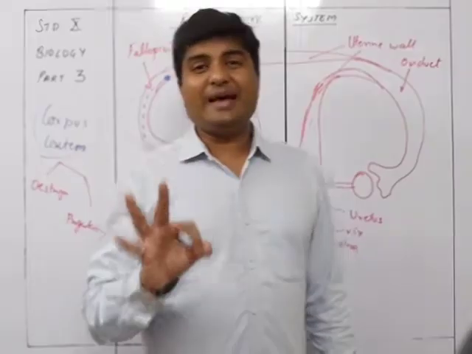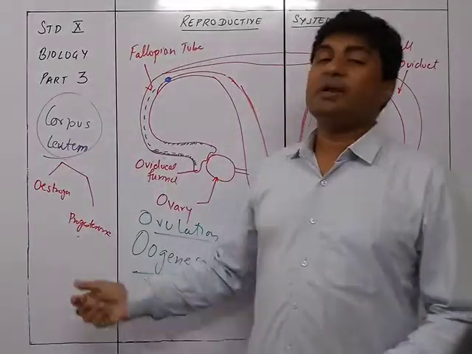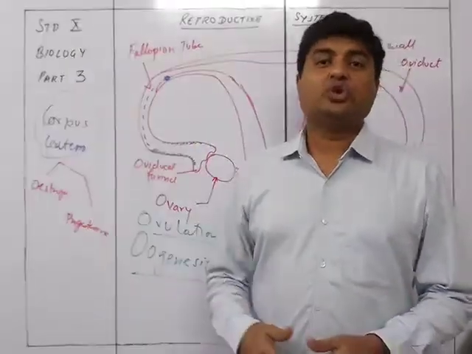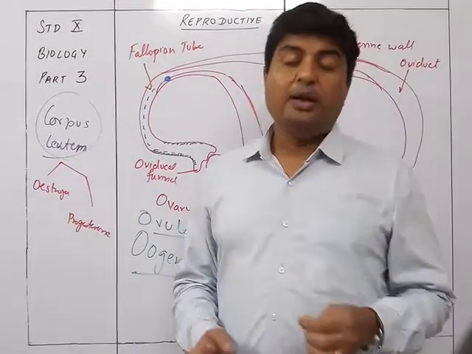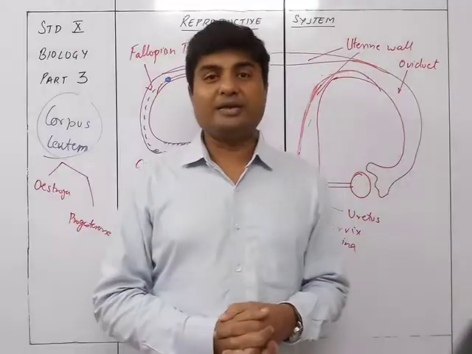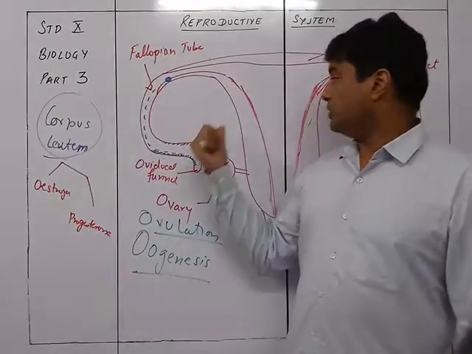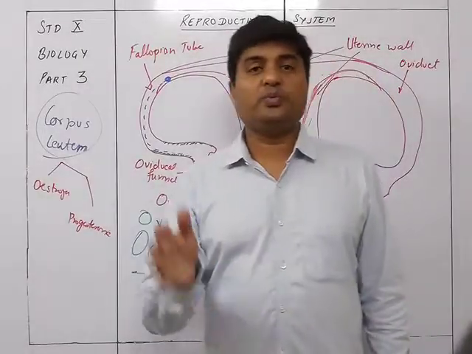If the egg gets fertilized, then the progesterone will keep on being generated, so that the walls of the uterus are maintained and do not get shredded. But if fertilization does not take place, then the walls are going to start shredding, because the progesterone secretion will stop.